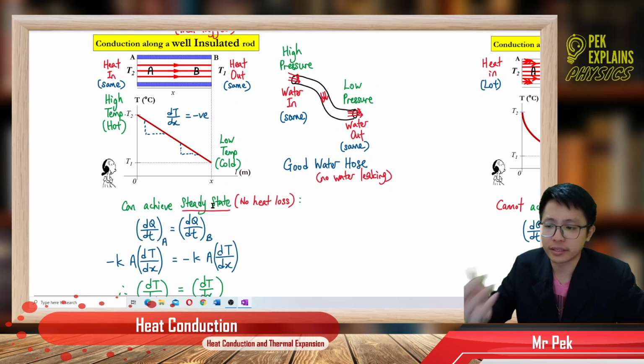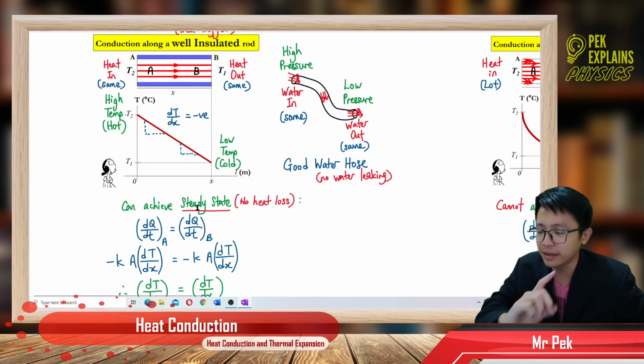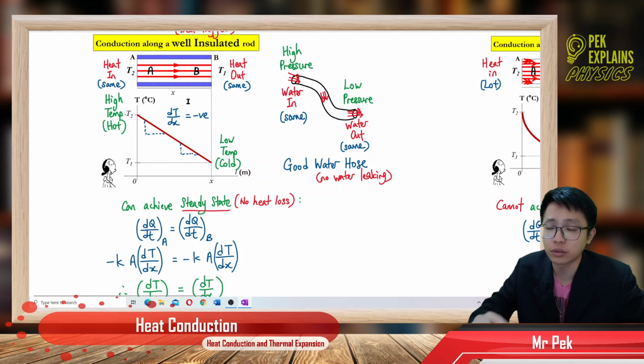What is actually meant by steady state? Steady state means the heat going in will be the same as heat going out, because no heat is lost along the rod. Steady state means the rate of heat flow.